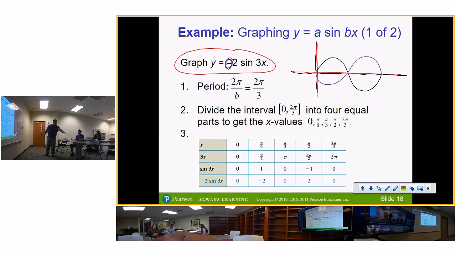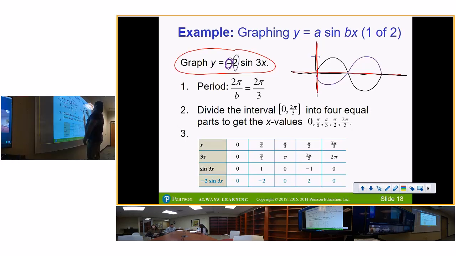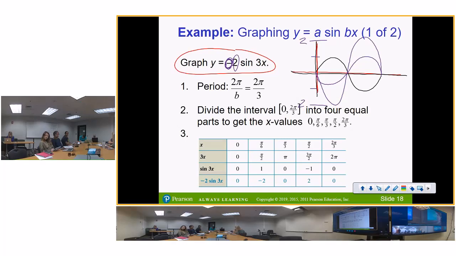That comes from previous units. That's nothing new. What does this 2 tell us? That tells us that our range is not going to be 1 now, but it's going to be what? 2. So now our graph is going to look like that.